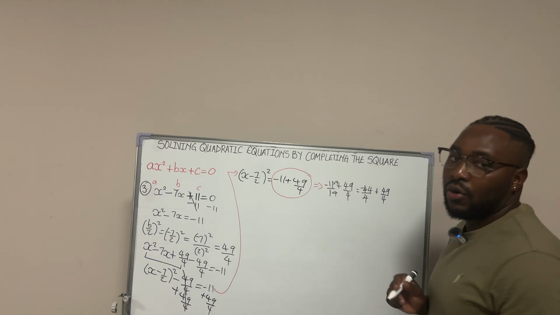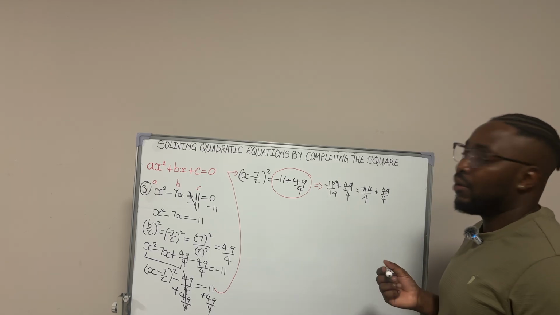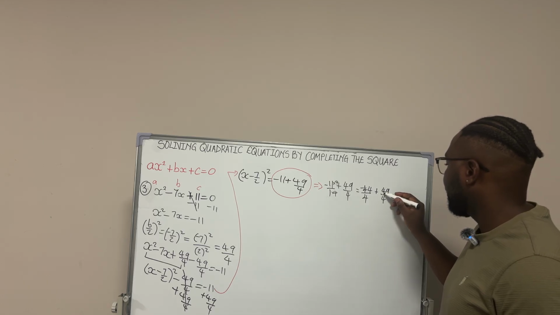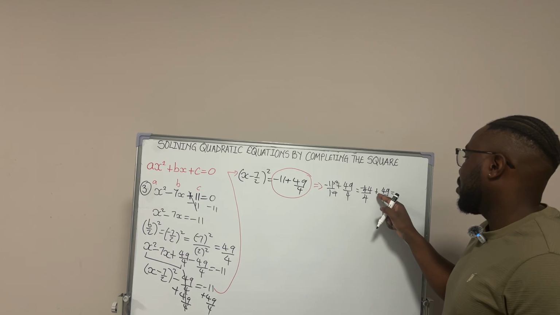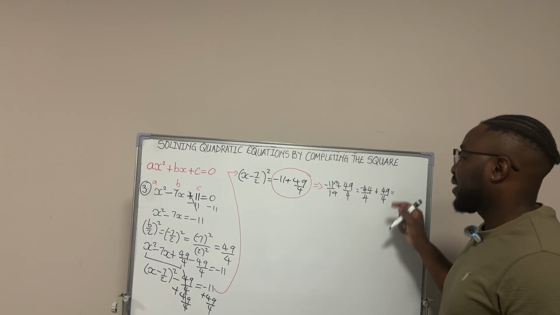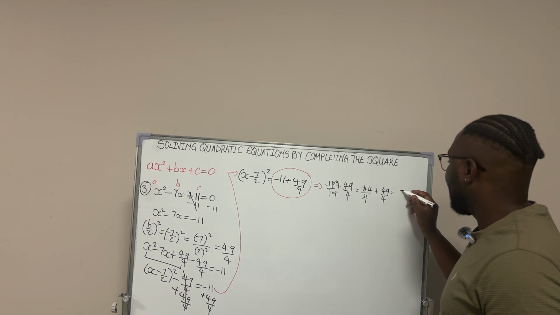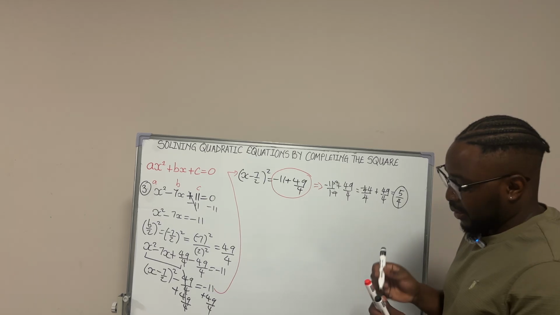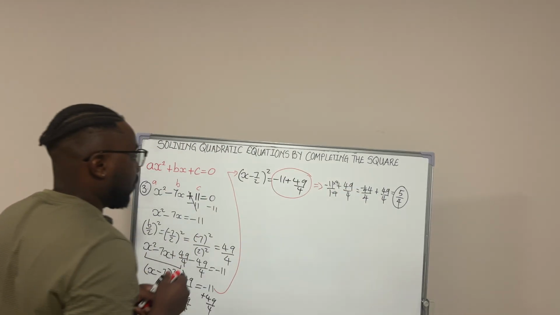We have the common denominator, so all we have to do is add our numerators. So negative 44 plus 49. What's that? That's 5, right? Positive 5 over 4. So there we go. This is the number that we're going to have on our right side of the equation.